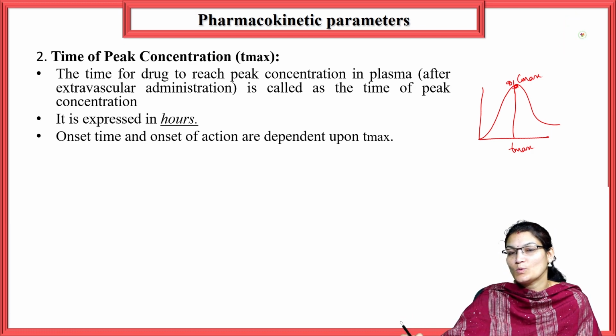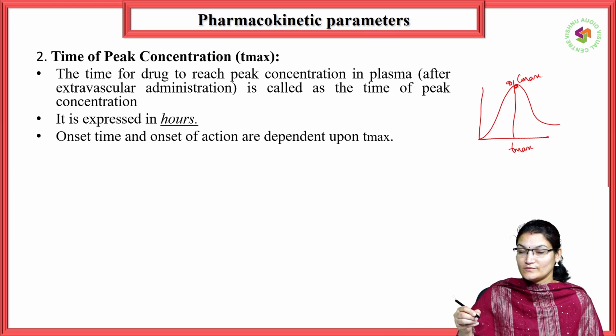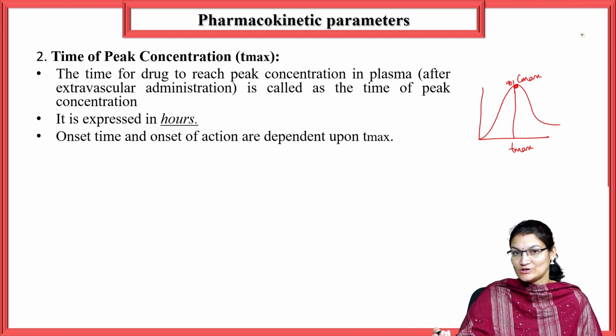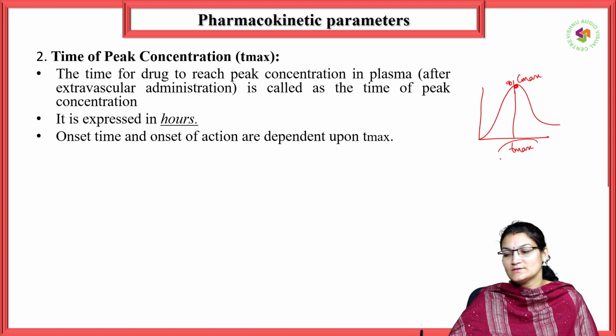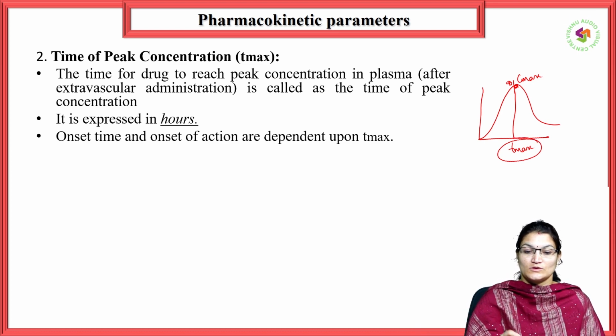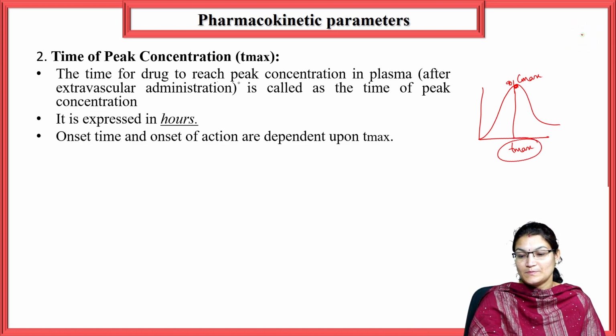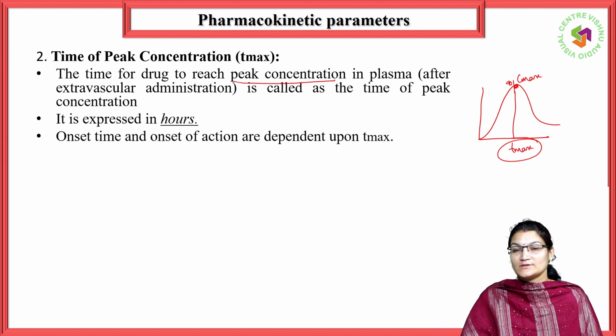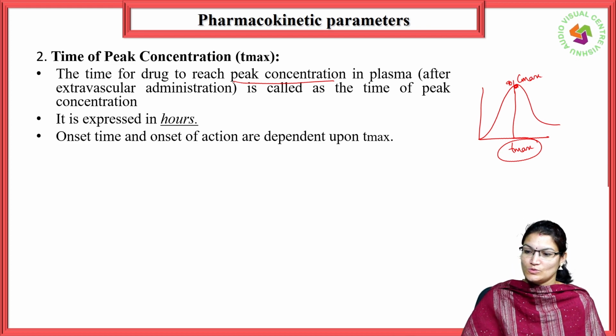So the time required for 90% of the drug to be absorbed into the systemic circulation, we take as Tmax. It is the time for a drug to reach peak concentration in plasma after extravascular administration.